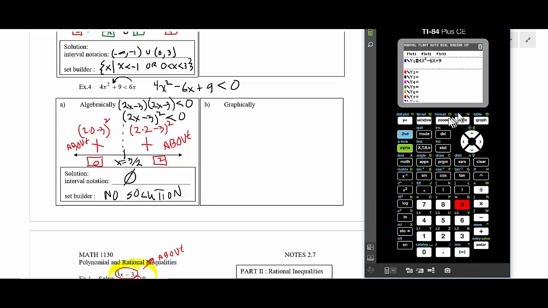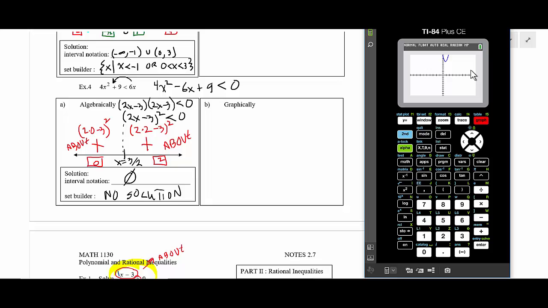So let me show you what happens on this. If I do that in the standard window, this is going to do exactly what the sign chart told us. Let me make sure I got that in there right. Do I have all my signs in there okay? Yeah, I do. Okay. So if I get that graphed in a standard window, notice that that thing was always above the x-axis, wasn't it?